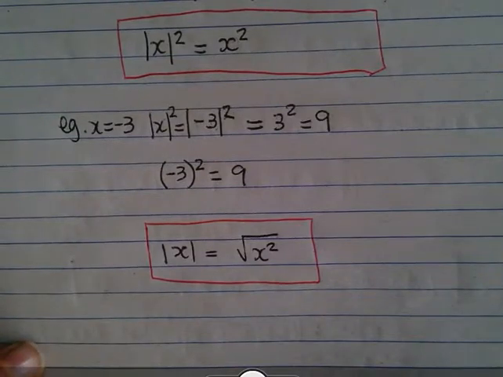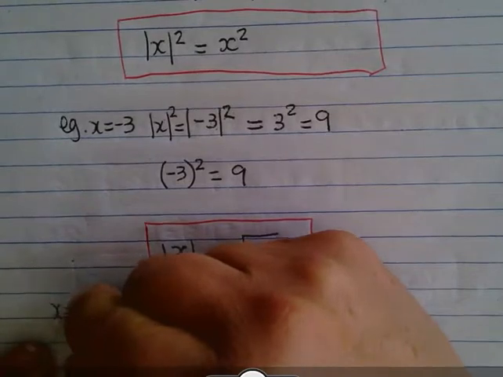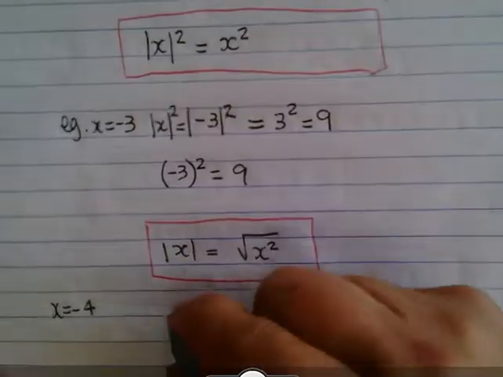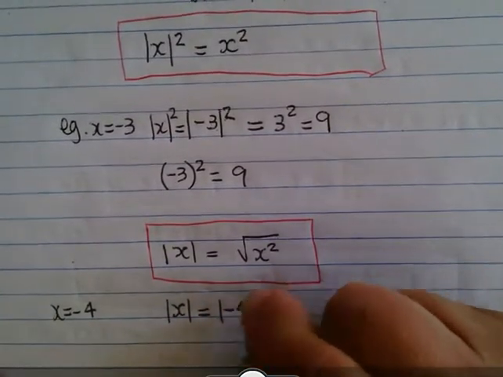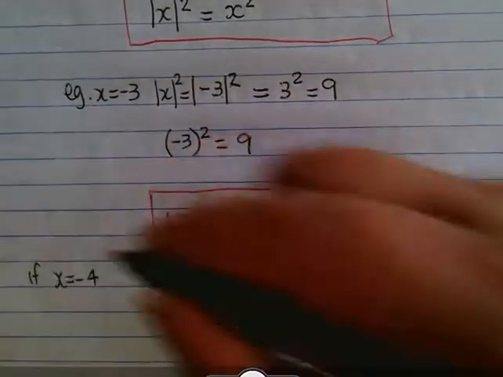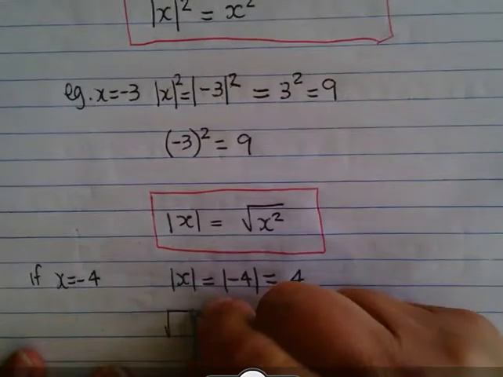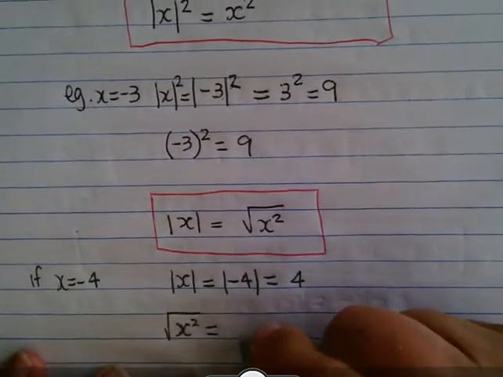Let's say x is negative 4. Ready? We're going to do the left-hand side first. The absolute value of x here would be the absolute value of negative 4. What's that? I get 4. And on the other side, the square root of x squared.